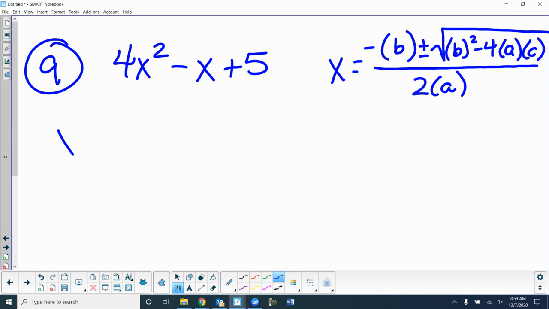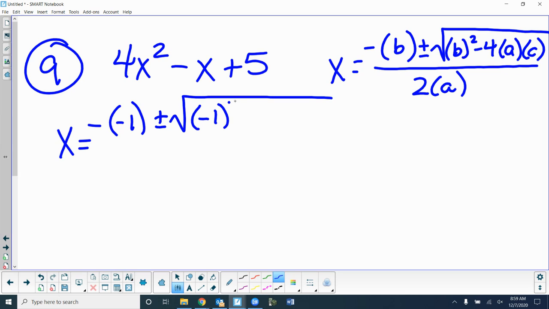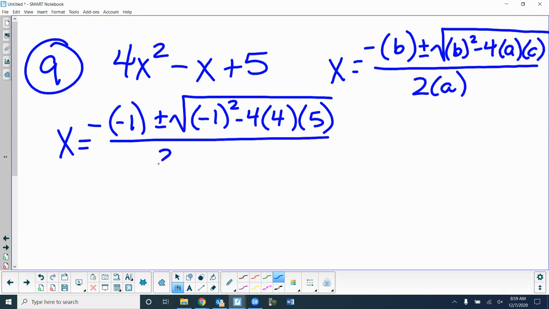Okay, so x equals negative, what's b? Negative 1. Plus or minus, square root. b squared minus 4. a is 4, and c is 5. Over 2 times a.